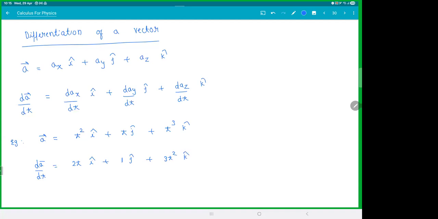All clear with this? So that's how you handle this. If you had to differentiate a vector, you just differentiate each coefficient and finish it off. So there's nothing big deal about it. Clear? Let's see a question.